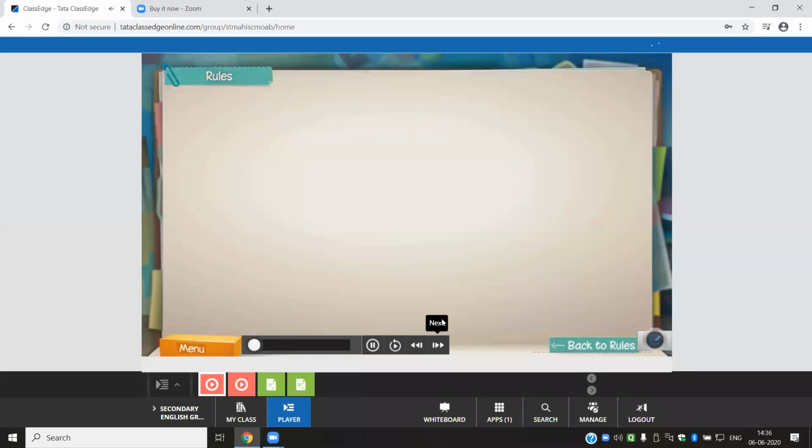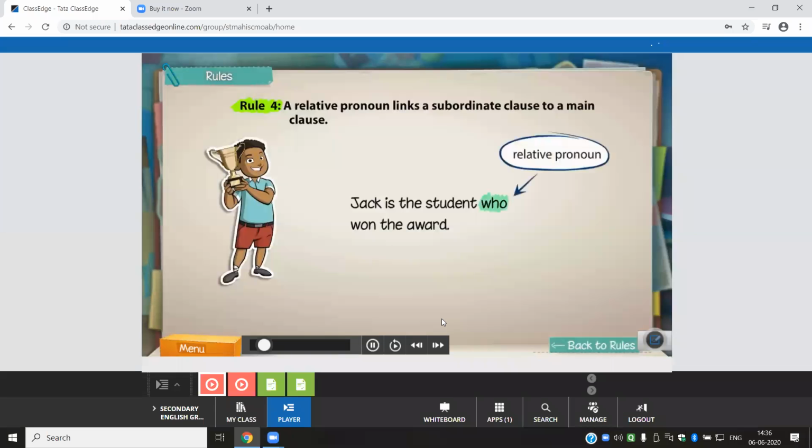You can use relative pronouns to link a subordinate clause to a main clause. Relative pronouns are almost always placed at the beginning of a subordinate clause. A relative pronoun refers back to a noun or pronoun in the main clause.